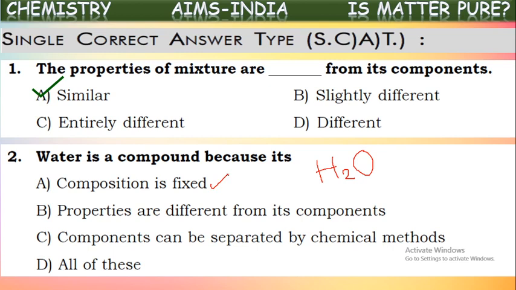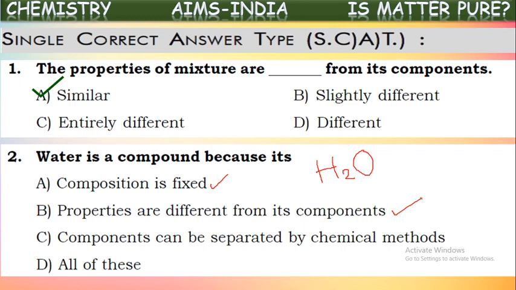It is non-combustible, a non-supporter of combustion, and mostly used as a fire extinguisher, isn't it? These are the properties of water. So the properties of chemical compounds formed are entirely different from the properties of the components combined. So the second statement is also true about water as a compound.